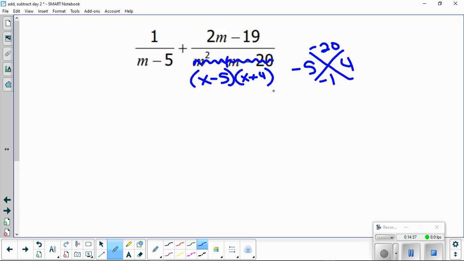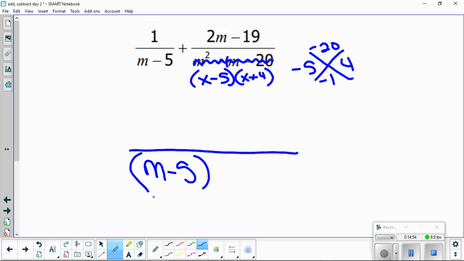We're just factoring. Okay, so here we go. My denominator has to have everyone represented. So here's what I got to represent. I need to have an m minus 5. Sorry, I switched the letters. m minus 5 has to be there. I also need an m minus 4. Let me change those to m's.